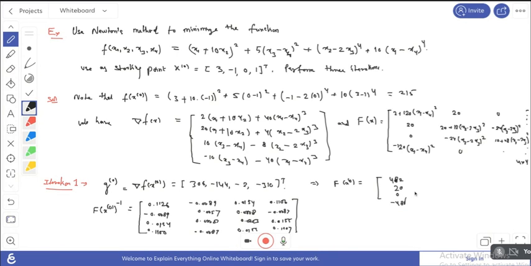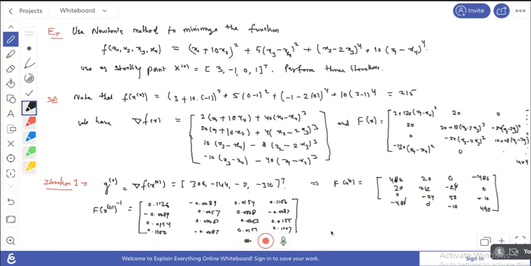If you put in that value, this is 20 212 minus 24 and 0, and 0 minus 24 58, this is 24 58 minus 10 and minus 480, 0 minus 10 and 490. Okay, so this is the Hessian matrix at point x naught. If you put that in, then the inverse of that matrix is equal to this.